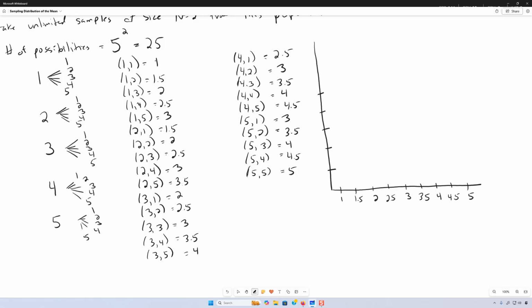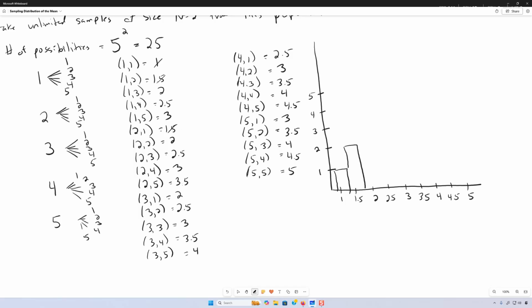Okay, so how many 1s do we have? We have 1. So draw the bar at 1. How many 1.5s? We have 2 1.5s.